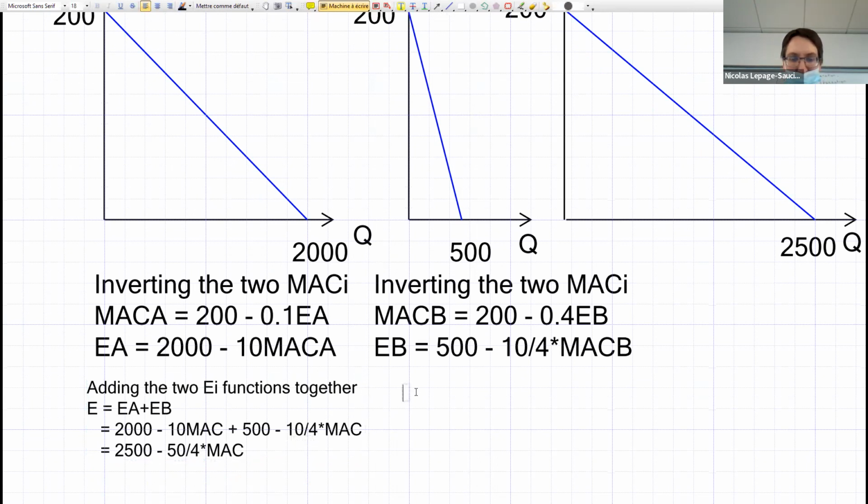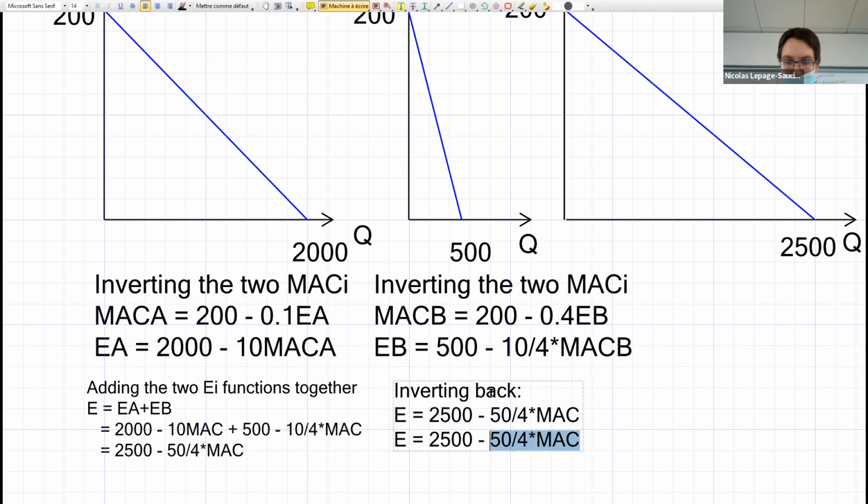And then inverting back. So I multiply everything by 4 and divide by 50.